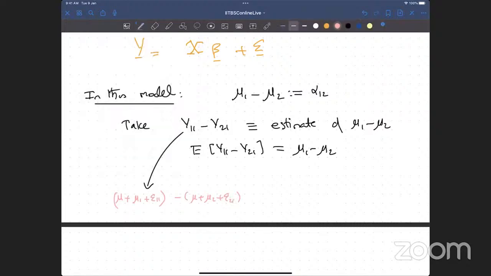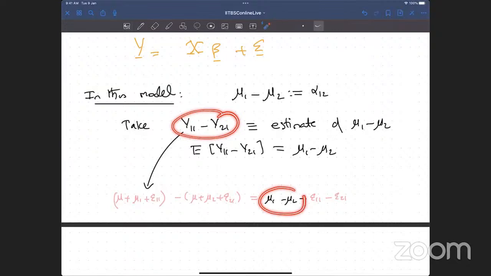If I do the algebra correctly, the mu's cancel off, and I end up with mu1 minus mu2 plus my errors, epsilon 1 minus epsilon 2. So I can use this expression to estimate mu1 minus mu2.